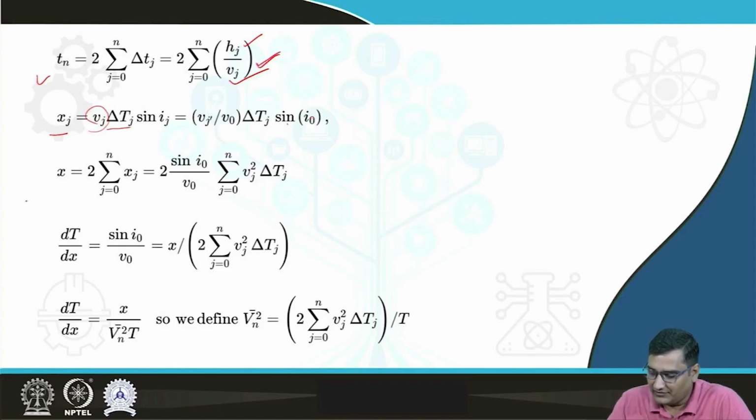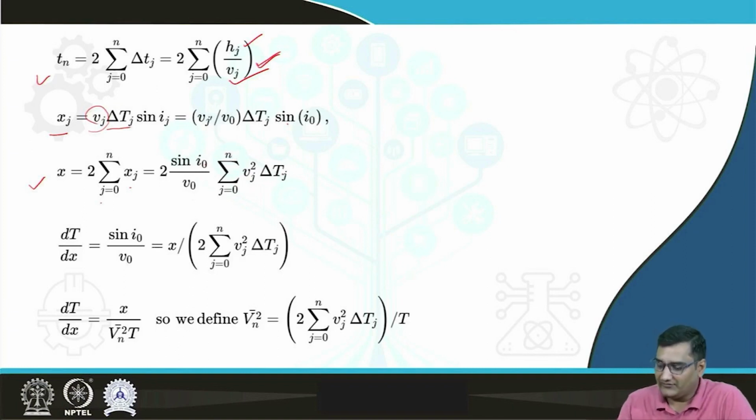If you want to calculate the total distance covered by the ray in all the layers, that will be 2 summation j equal to 0 to n xj, that is 2 into sin I naught by V naught summation j equal to 0 to n V naught is Vj square delta Tj.